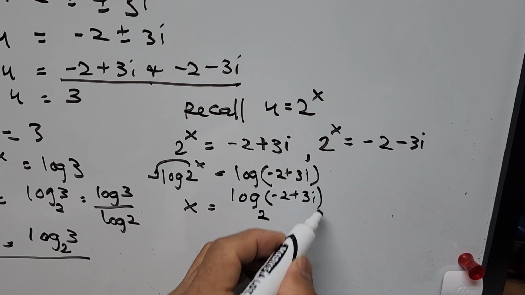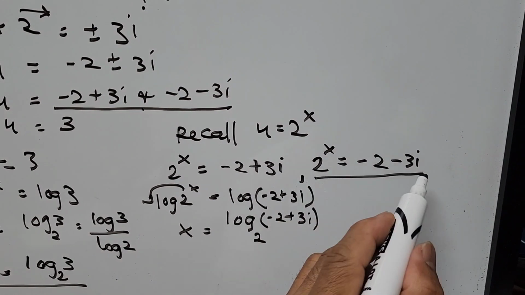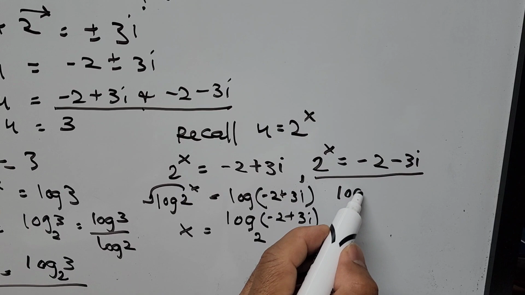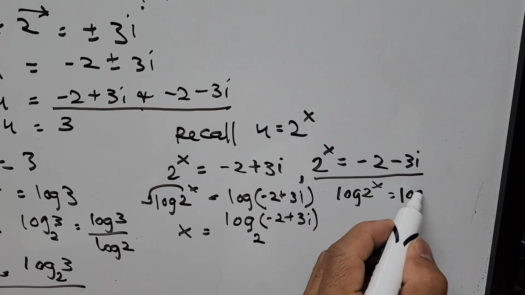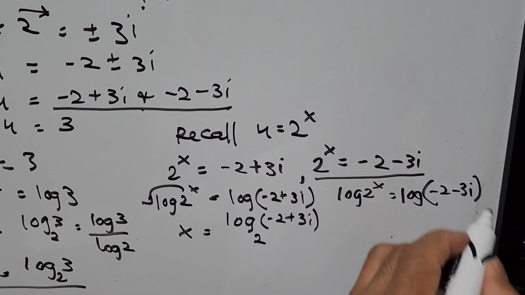And for the third solution to this equation, take the log of both sides of the equation again. So we have log of 2 to the power of x equals log of negative 2 minus 3 times i.